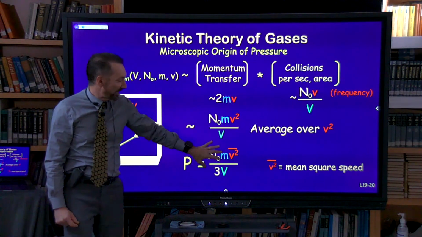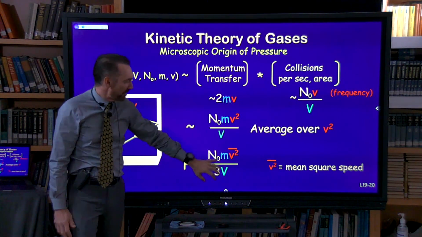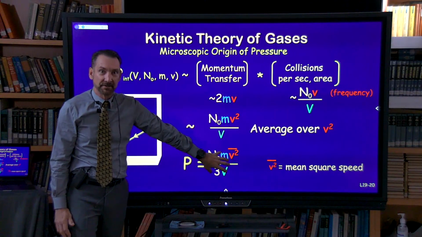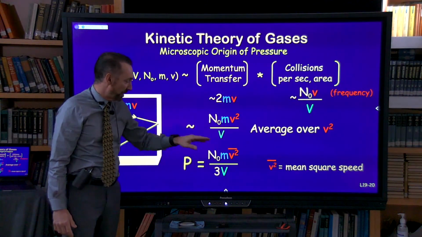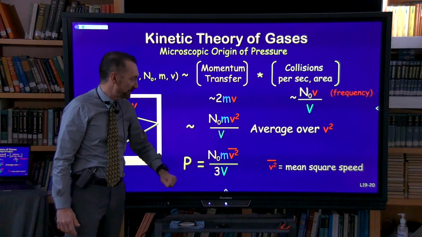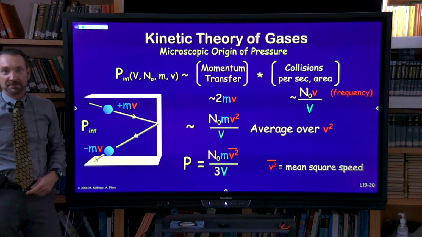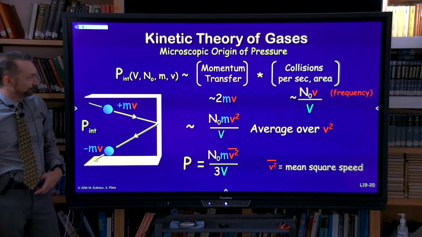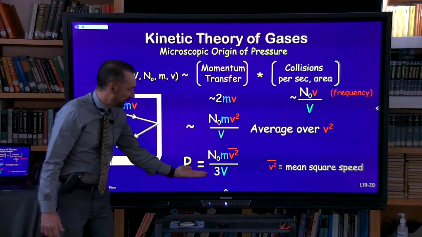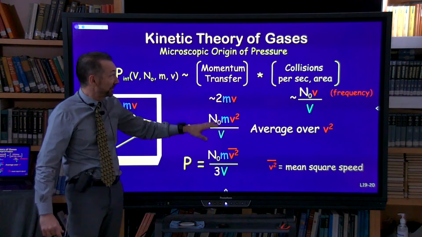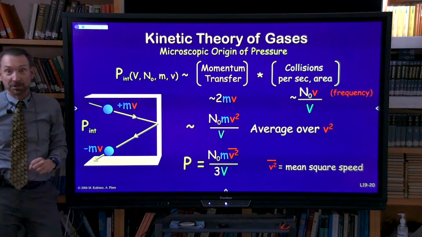So we divide that by 3. And then this is precise, so I now have the equal sign. The number of particles, the mass times their mean velocity squared, divided by 3 times the volume. So that is a derivation, a relatively simple one, of the microscopic origin of pressure.